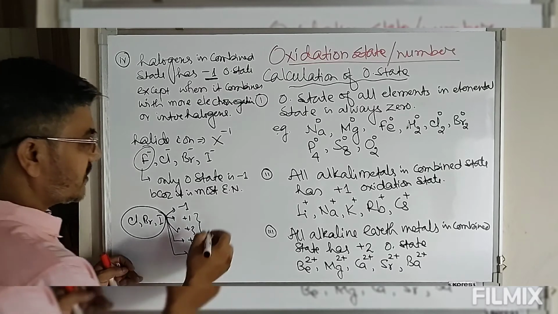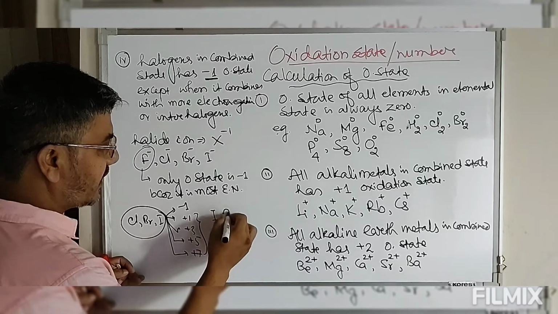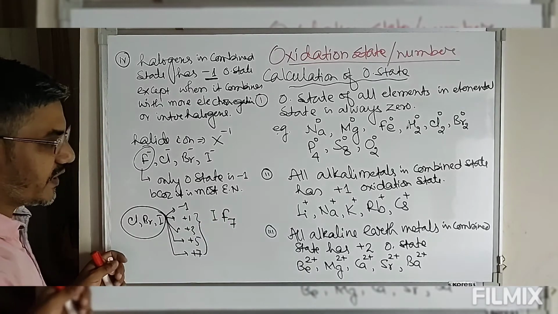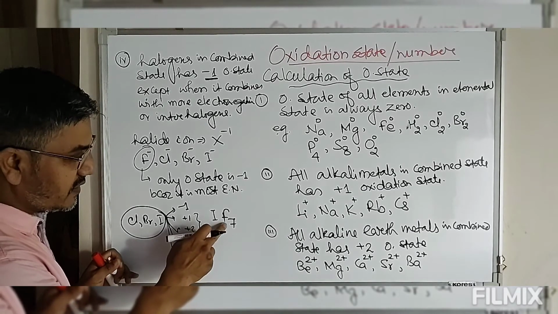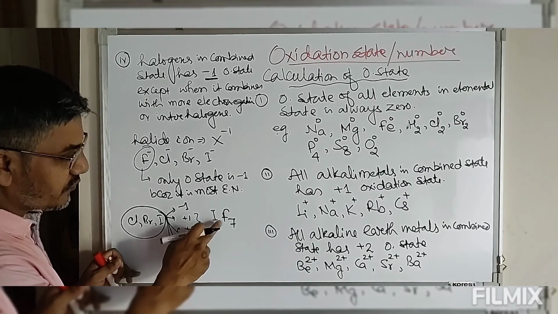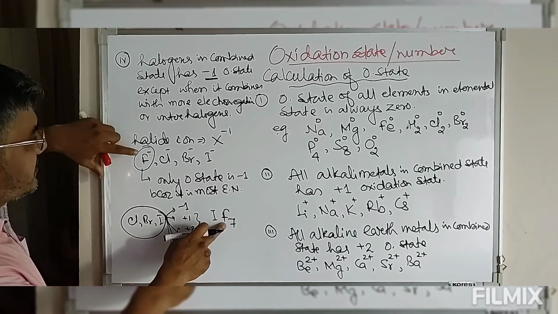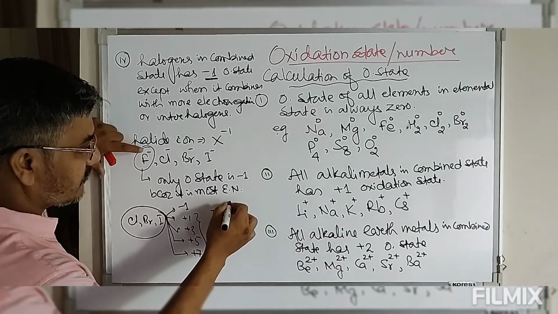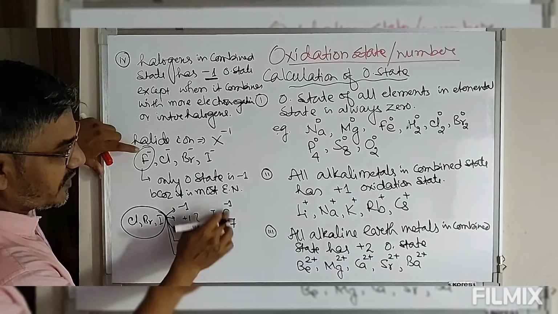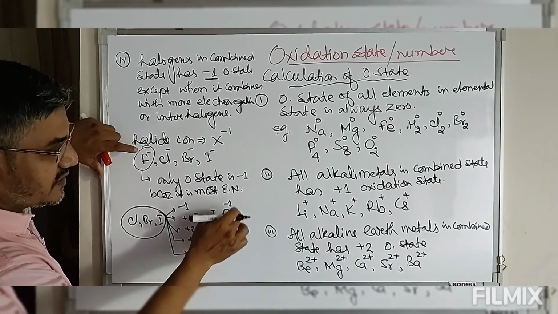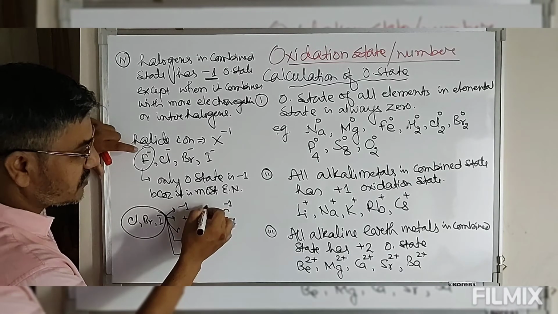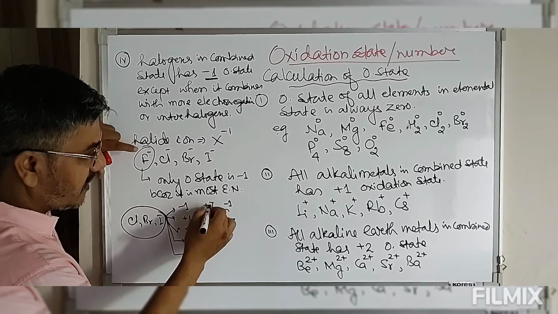Let me give an example. In IF7, iodine heptafluoride, fluorine is more electronegative than iodine. So fluorine's only oxidation state is -1. How many fluorines? We have 7. The total negative charge is -7, so the total positive charge on iodine will be +7.